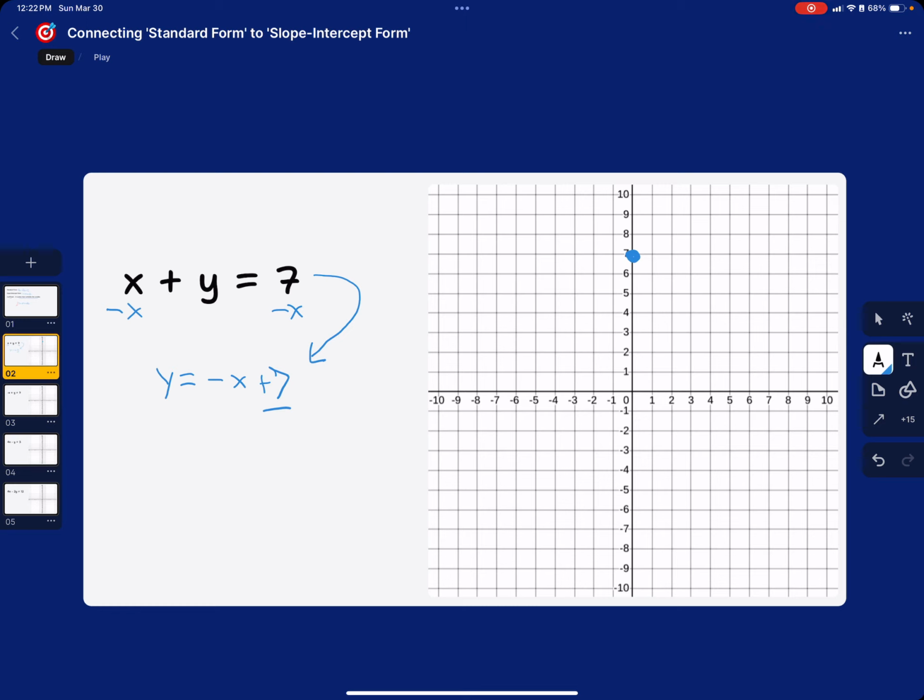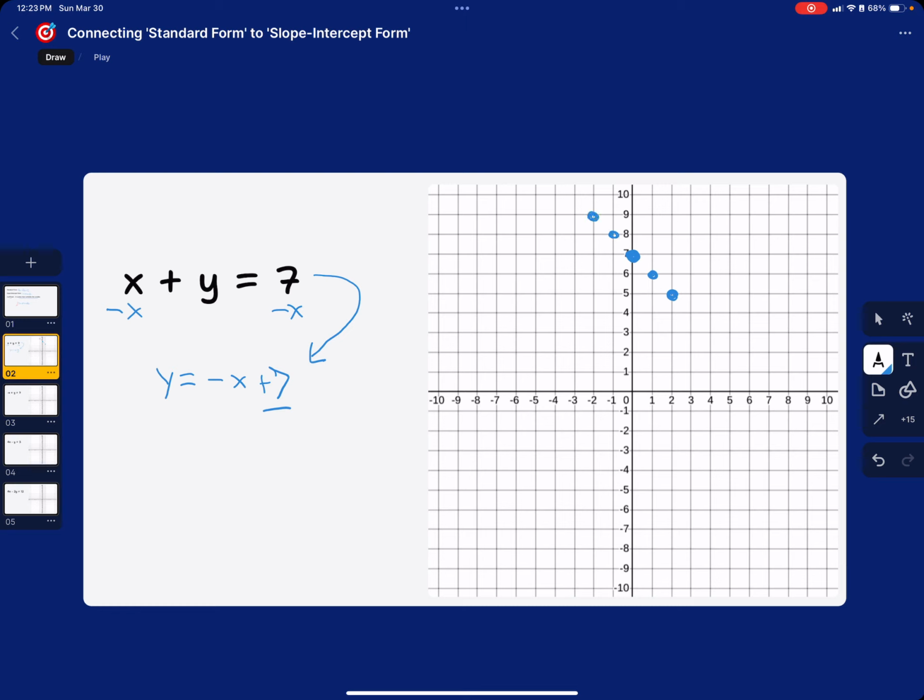We also have the slope, which is negative 1, and this is going to help us find the other points. Since our slope is negative 1, that means we're going to go down 1 to the right. We can do it again, down 1 to the right. And since it's negative, instead of going down to the right, we can also go up and to the left, up and to the left.